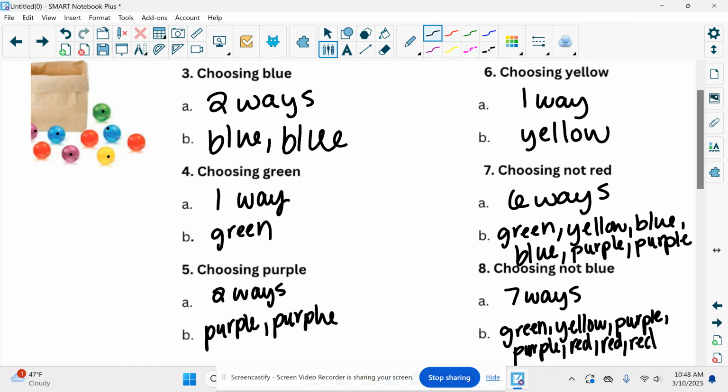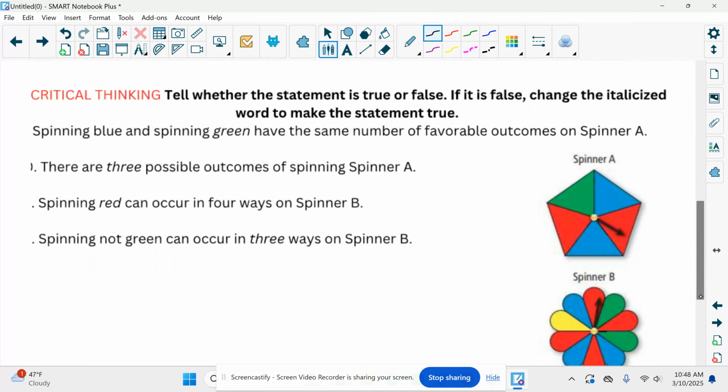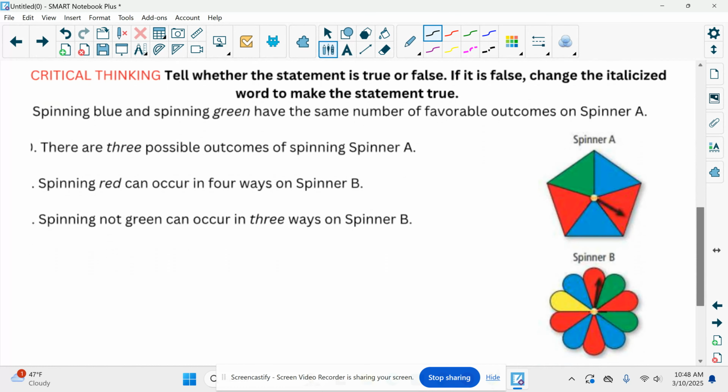Alright, we're going to scroll down and look at some critical thinking questions here. It says, tell whether the statement is true or false. If it is false, change the italicized word to make the statement true. Alright, spinning blue and spinning green have the same number of favorable outcomes on spinner A. What do we think?